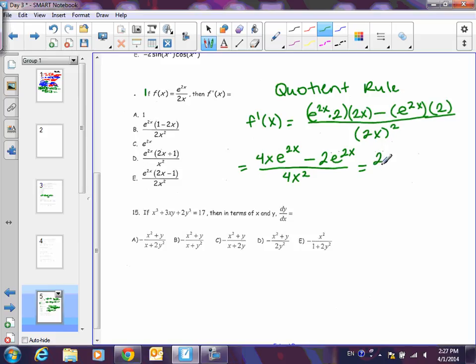Factor out a 2, and what else? And e to the 2x. They both have it, right? And so if I factor out 2e to the 2x, I factored out a 2, that's like dividing out a 2. The x, though, that didn't go yet, that stayed there. And then I can just stop, right? It has to be minus 1.